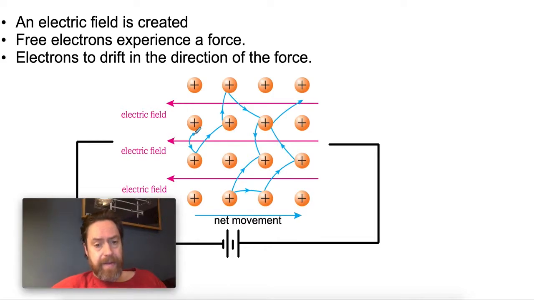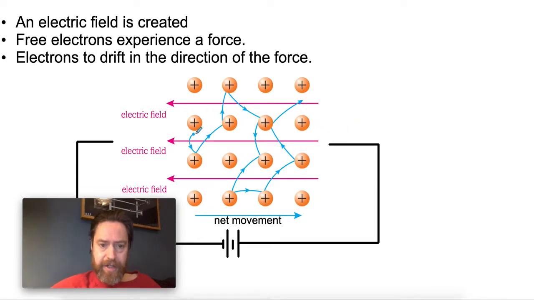Now, this one's moving this way to the right, moving up here, moving up here. It looks at first glance like it's moving at random. But because there is this electric field here, there is a constant force moving them slightly to the right.